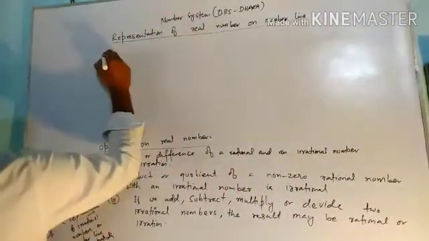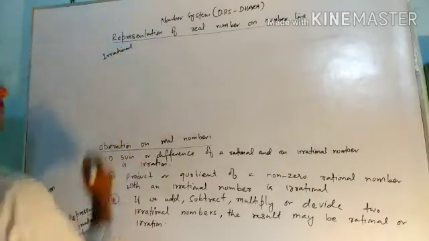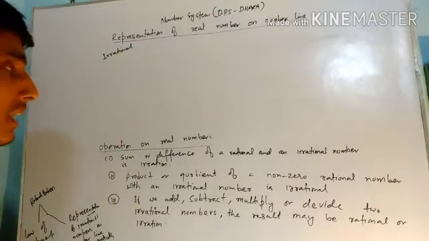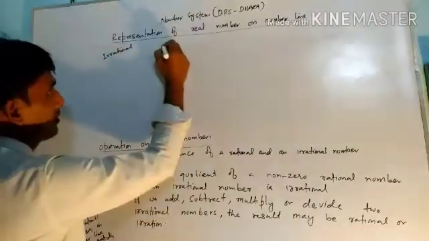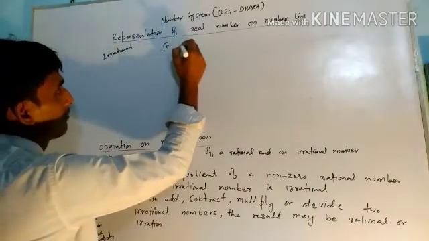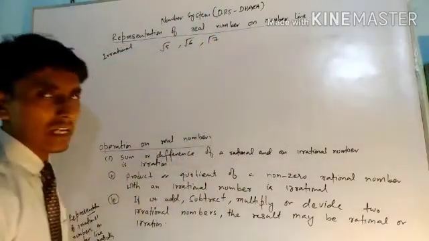Now, representation of irrational number on the number line. Actually, irrational numbers, for example, you are getting root 5, root 6, root 7. These are irrational numbers.